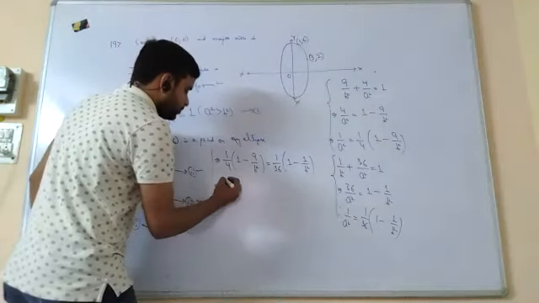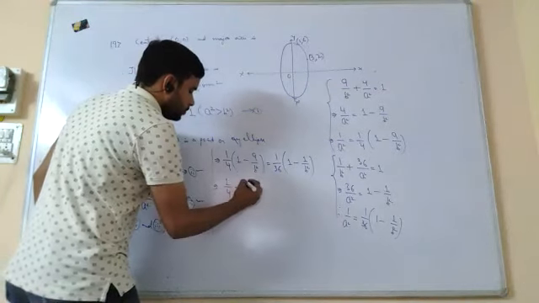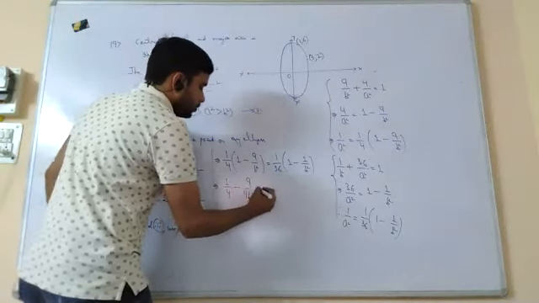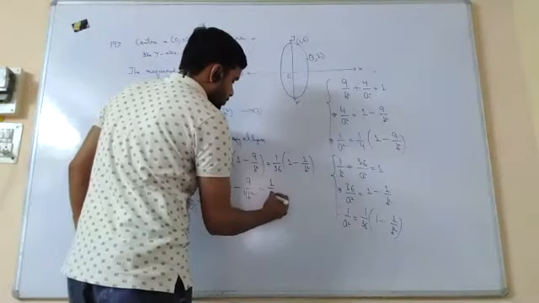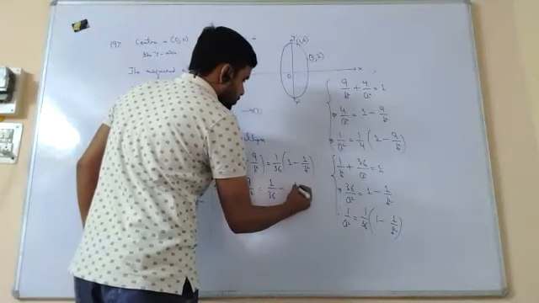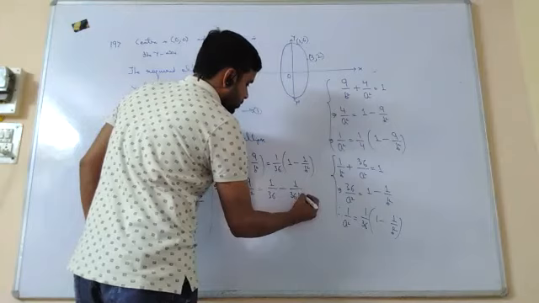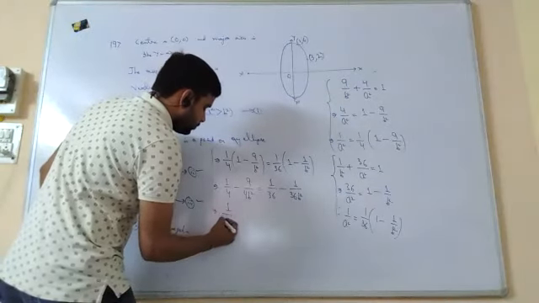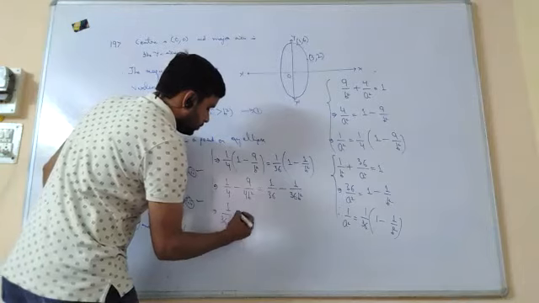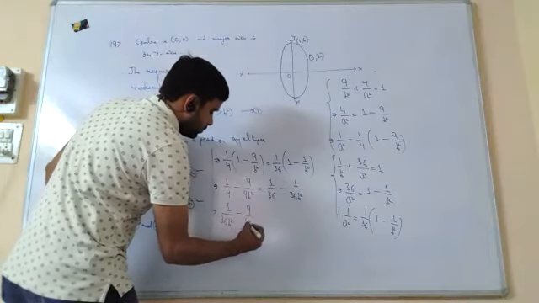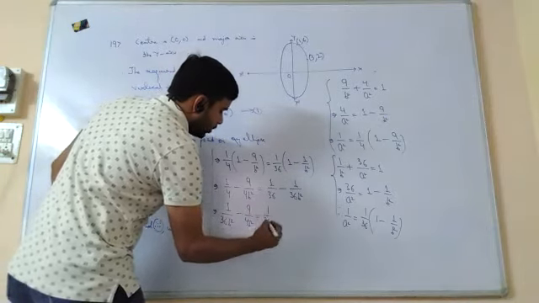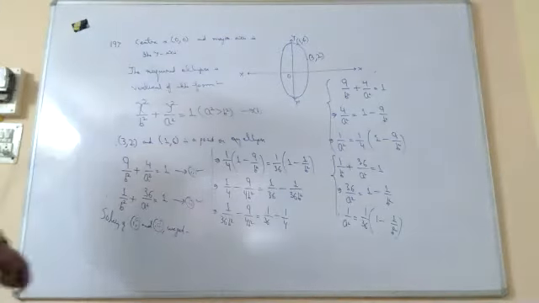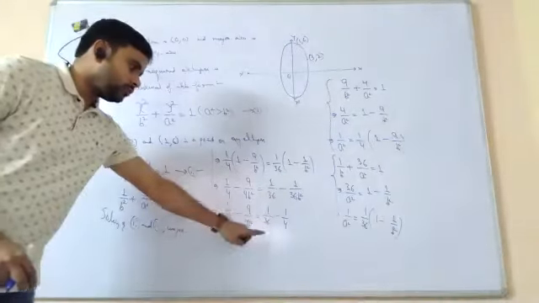सॉल्व करो दोनों से. एक बार इसको सॉल्व करो. सॉल्व करके देखो तो b स्क्वायर क्या है. ठीक है, समझ में? यहाँ से सॉल्व करके एलसीएम लेके b स्क्वायर निकाल दो.